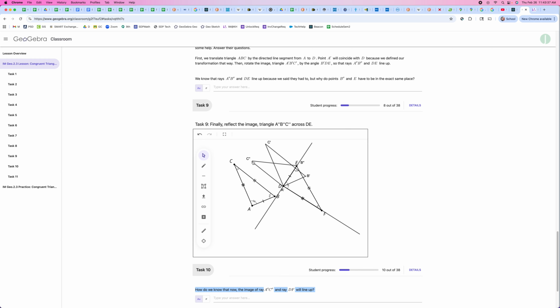So where this edge A double prime, C double prime ends up is dependent on this angle right here, the angle between B double prime, A double prime, and C double prime. And that's the original angle BAC.